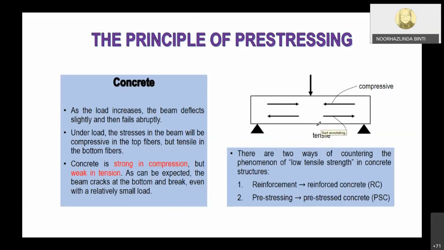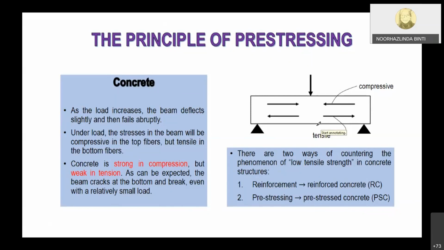If you consider only plain concrete, and that concrete is subjected to a load, in this case a point load, even with a very small amount of load this concrete will easily deflect, and finally it will collapse abruptly.